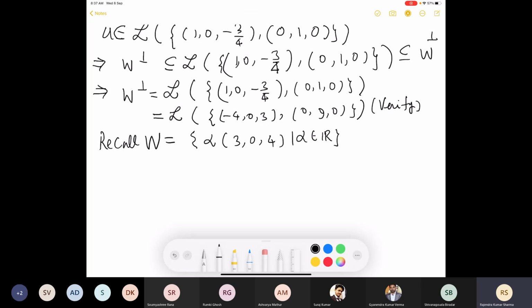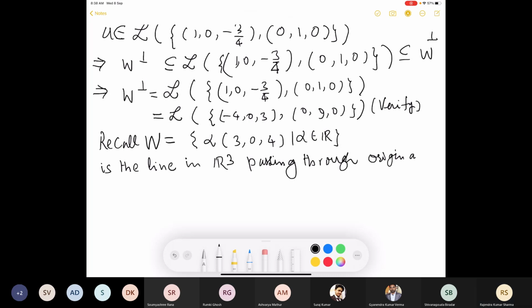So this is the line in R3 passing through the origin and this point (3, 0, 4).